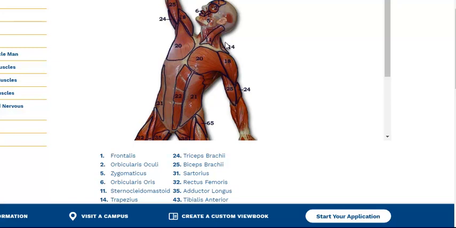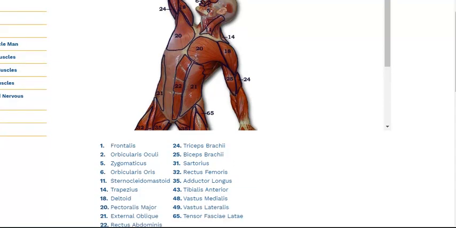All right. And then this one right here is the trapezius. It runs along right there, trapezius. So it's behind the sternocleidomastoid. Everybody knows the pecs. So these are your pecs. So the pecs are actually known as the pectoralis major, right there.